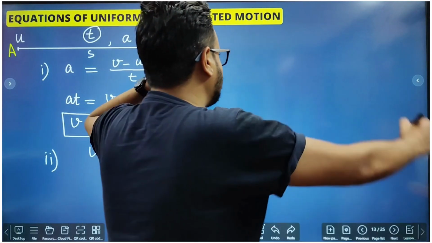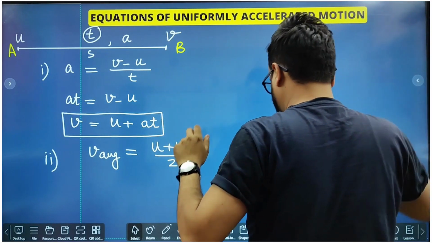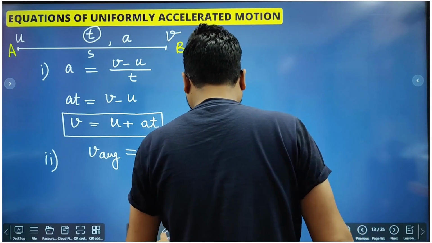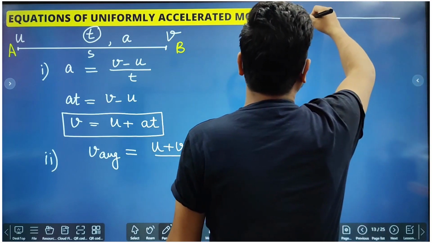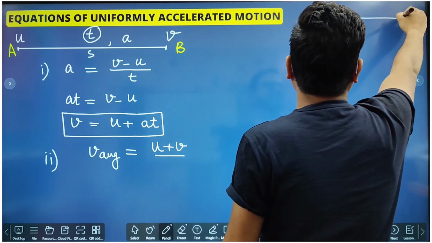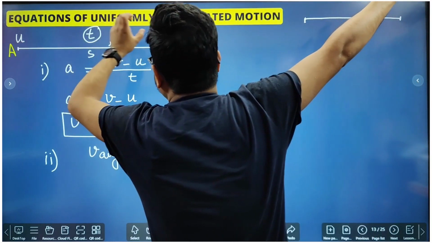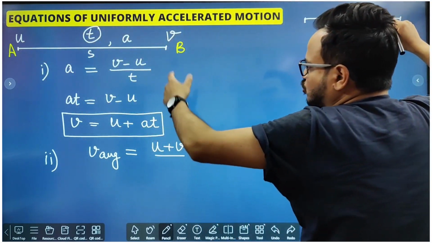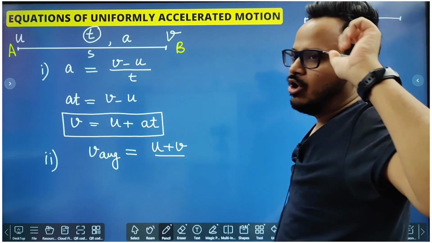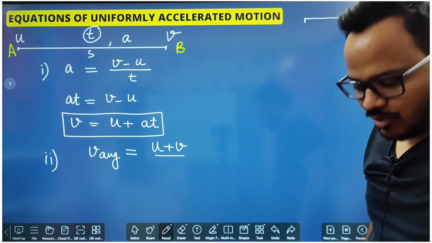What is the meaning of average velocity? Suppose let us say that u is 10 and v is 30. So the average velocity comes out to be 10 plus 30 by 2, which is 20 meter per second. So what is the significance of this value, 20?